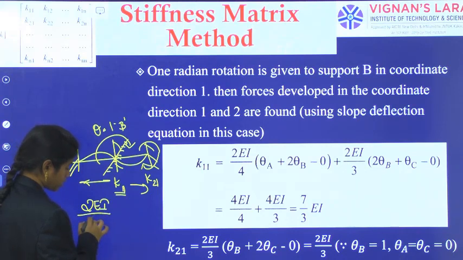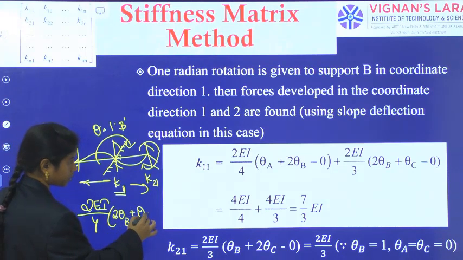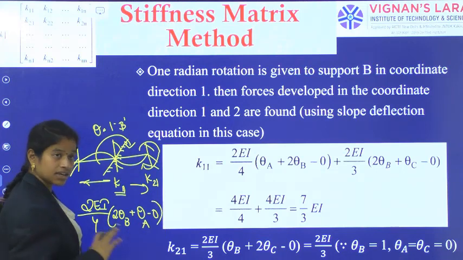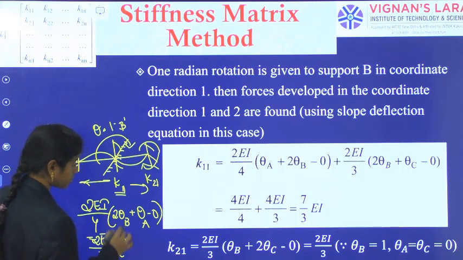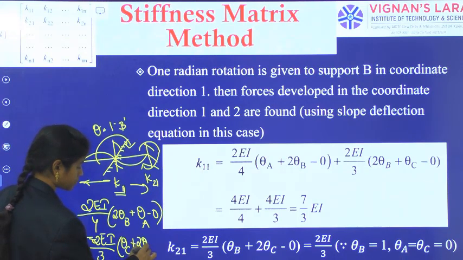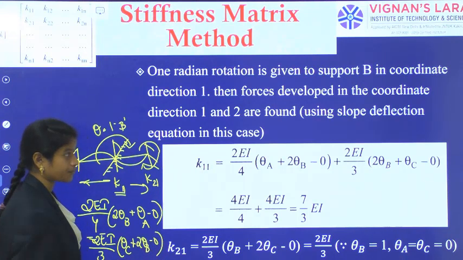2EI by L into 2 theta B plus theta A minus sinking, which they have not even mentioned. And then 2EI by 3 into 2 theta B plus theta C minus 0.